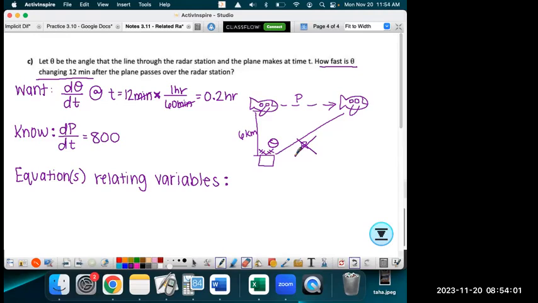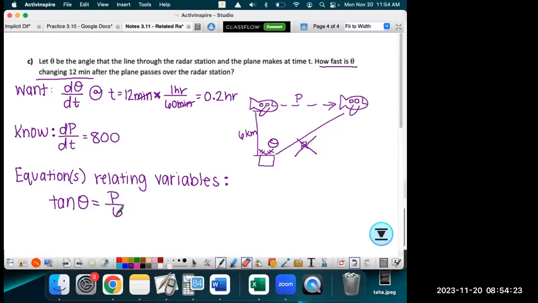Let's see. The sides that I know in relationship to theta would be my opposite side for P and my adjacent side for 6. So I think it would make sense to write a tangent equation. Or you can do cotangent, whatever your heart desires. Opposite over adjacent.